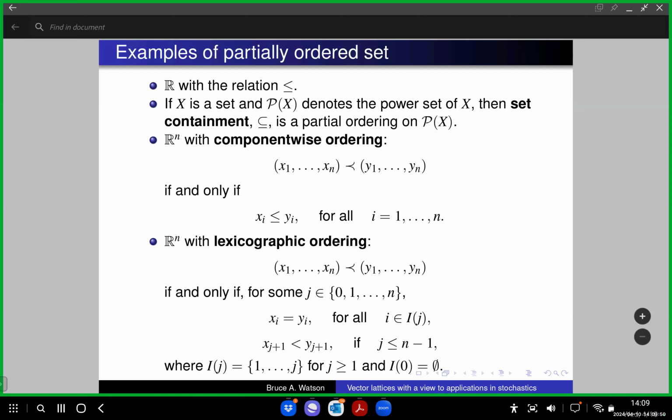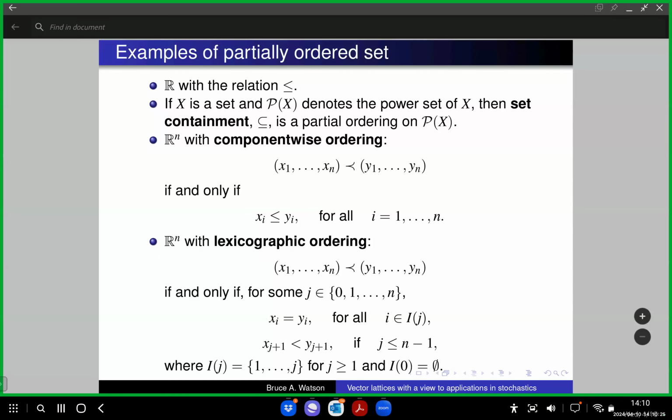If x2 is less than y2, then we say that the word X is a predecessor of the word Y. And we continue all the way along, and if we get them all the same, then they are equal, and so X is still less than or equal to Y, or predecessor of Y. Otherwise, at some point, we have a strict inequality for some j, where xj is below yj.